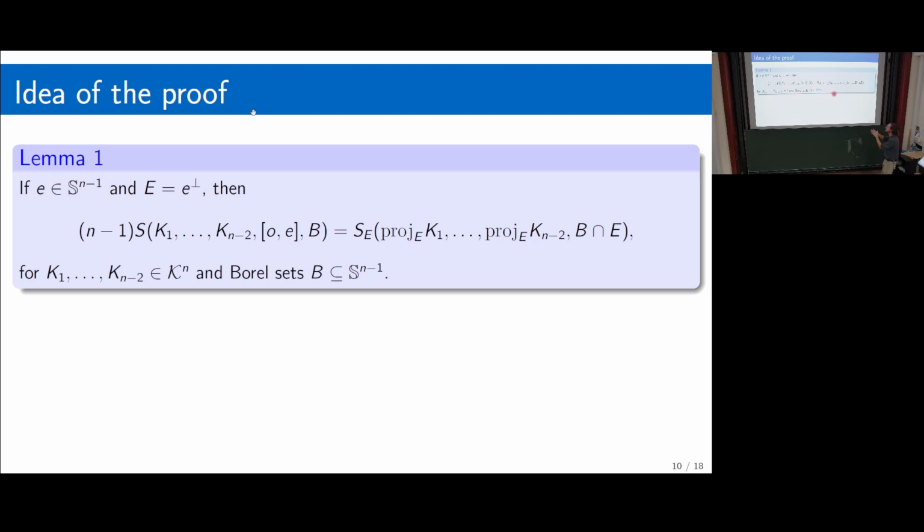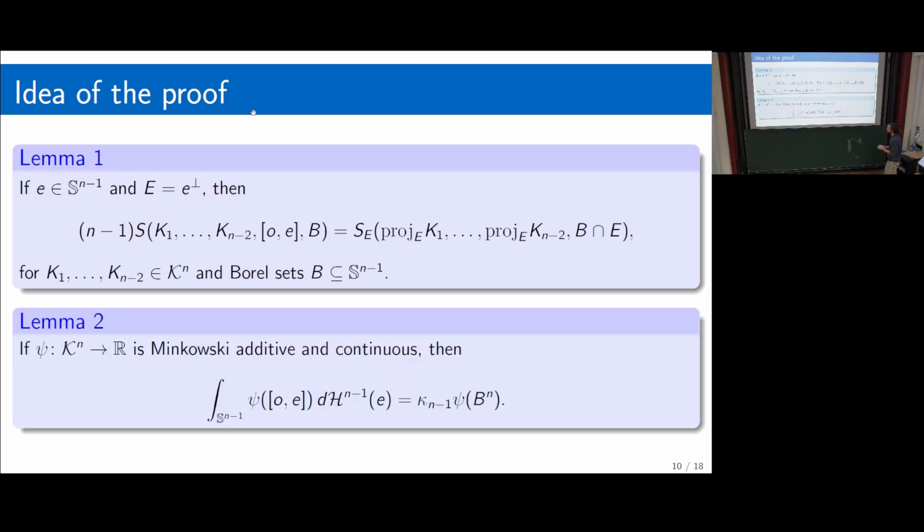A similar thing happens when plugging a segment inside the mixed surface area. So this mixed surface area just becomes this: we lose one entry here, we go one dimension lower, and instead of considering the set B that we want to measure, we take the intersection of B with E, where capital E is orthogonal to small e. And this is the first lemma that we will need.